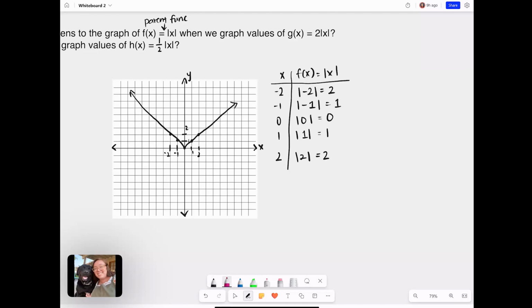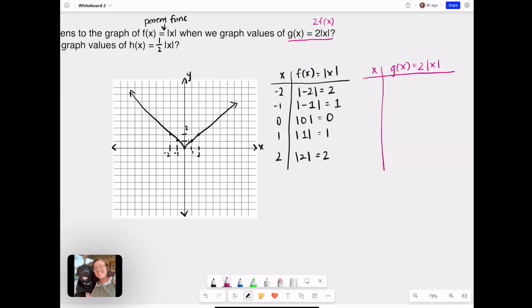So now we're interested in, well, what happens if I multiply 2 times that parent function? What changes, right? So let's find out. I'm going to take the absolute value first, and then I'm going to multiply by 2. Order of operations treats absolute value the same way that it does parentheses.